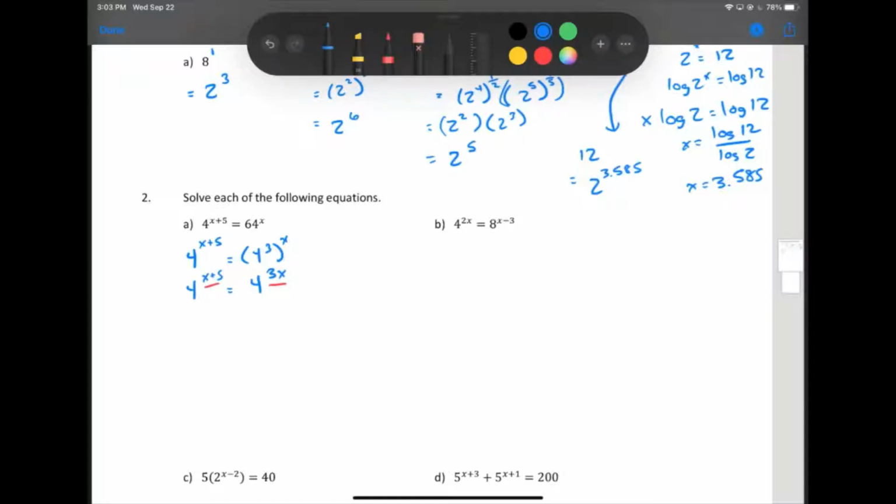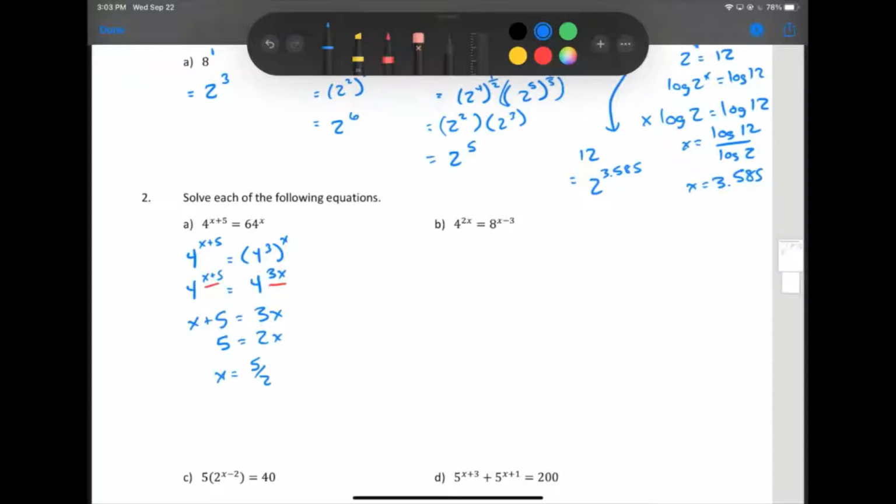And if they have the same exponent, then I can just look at the exponents and say x plus 5 equals 3x. Subtract x from both sides, and divide both sides by 2 to get x equals 5 halves. Okay, so we did that by putting both sides with the same base by modifying their exponents.